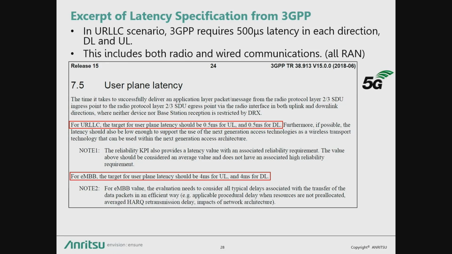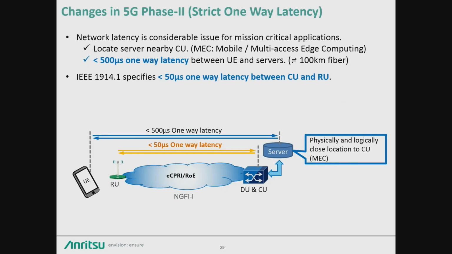This is latency, so we're not talking about synchronization, we're talking about latency. You see a significant difference in these two requirements that all have to go over the air supporting the same application. So how do we treat these?